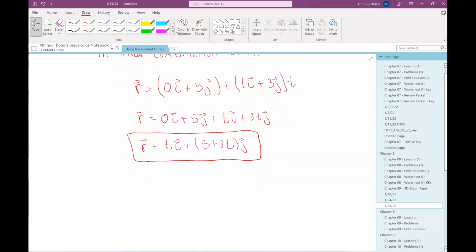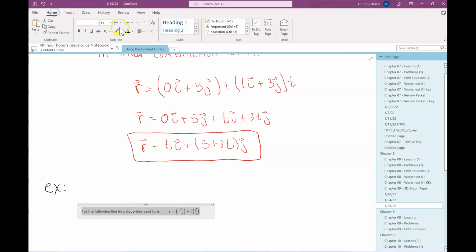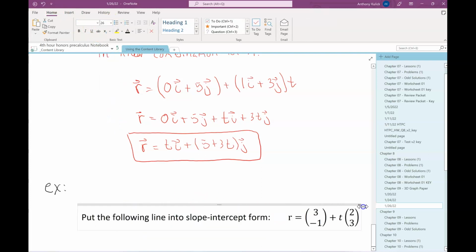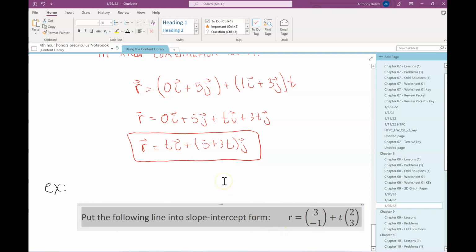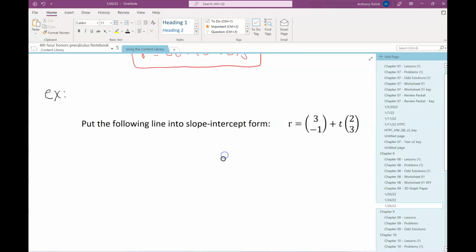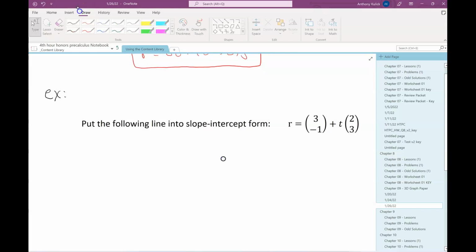Let's do another example. So here we're going the reverse direction. We're going to take our vector line equation and put it into slope-intercept form.